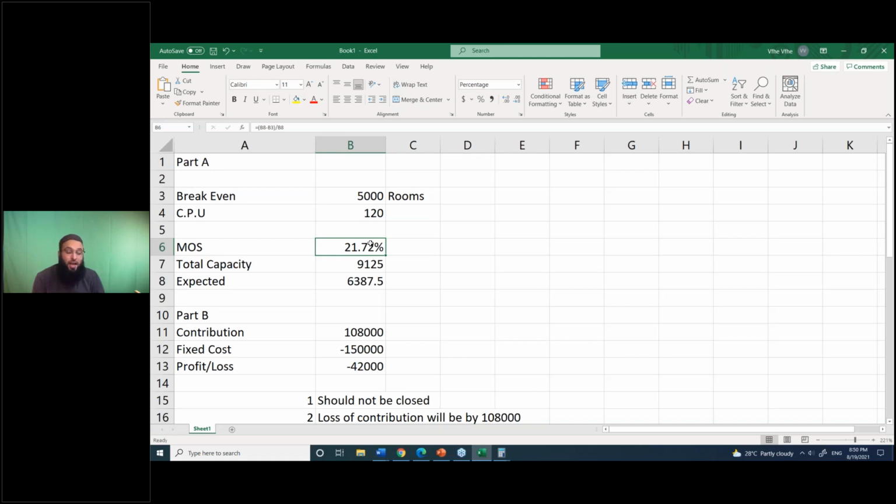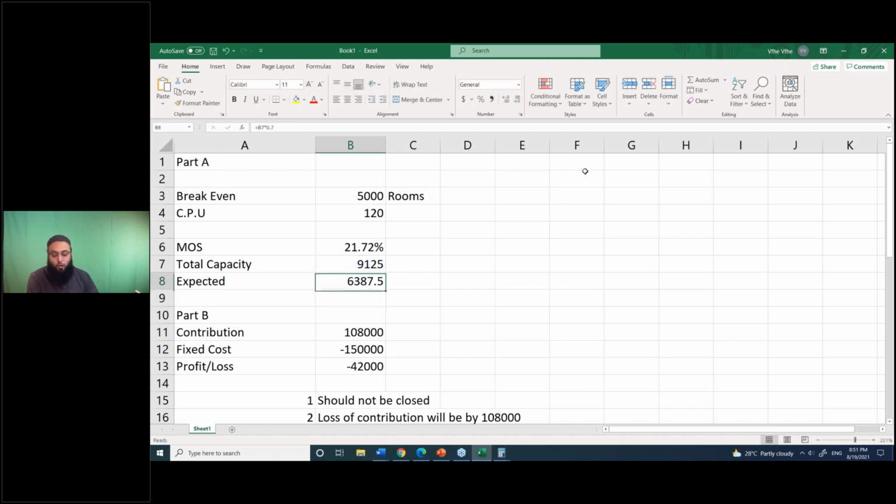It's more safe to have high percentage of MOS, and the reason is your sales is up. Your sale is expected to go up from the previous one, because previously you were operating at how much capacity? 70% capacity.